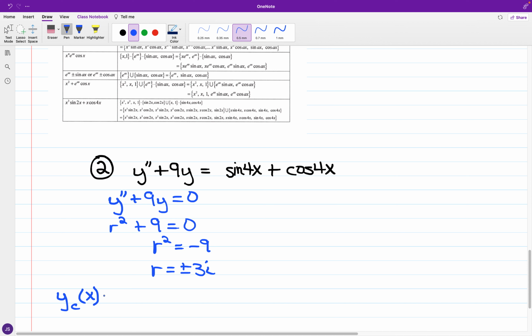So we have c sub 1 cosine of 3x plus c sub 2 times the sine of 3x.